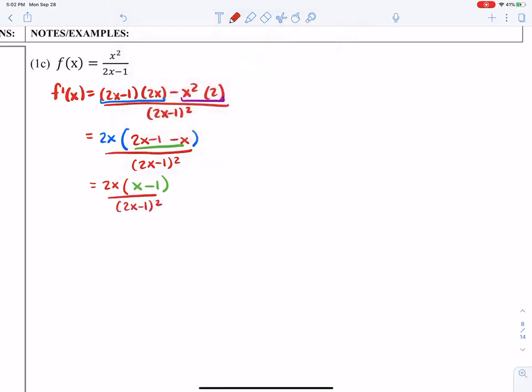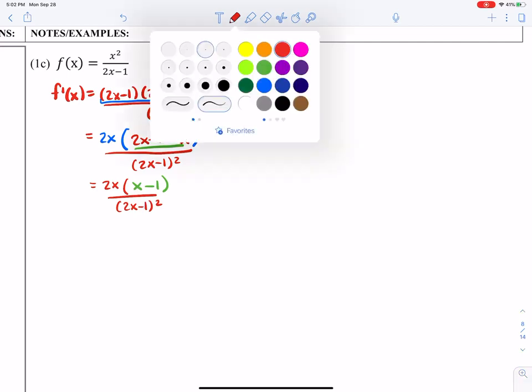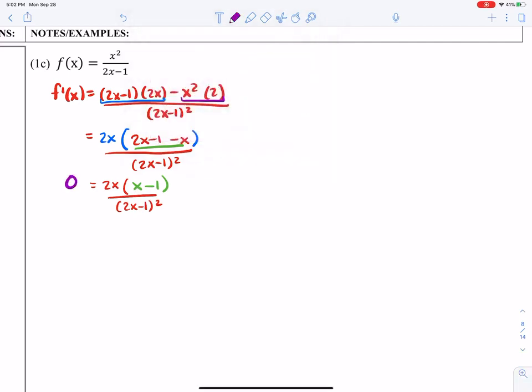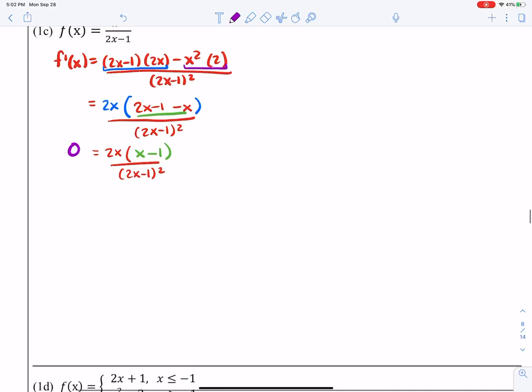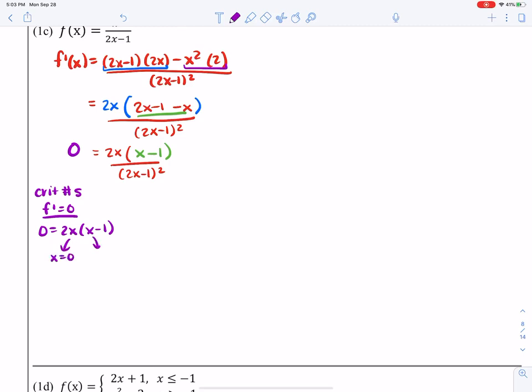And the reason we wanted to do that is because now I'm going to set this equal to 0. And so remember that there are two ways to get critical numbers. Number one, I can set the derivative equal to 0. That is only going to be your numerator, guys. That's just your numerator. So I can really easily see that I'm going to get x equals 0 and x equals 1 as critical numbers.